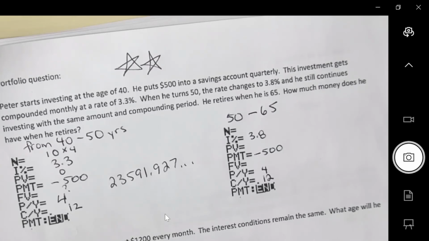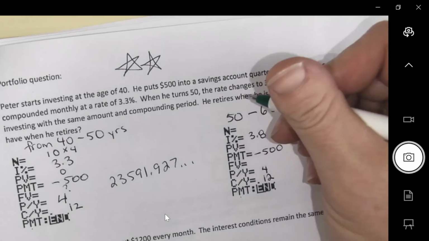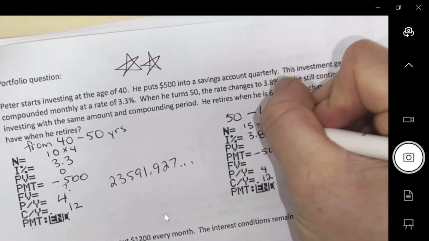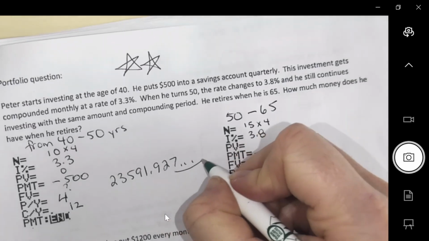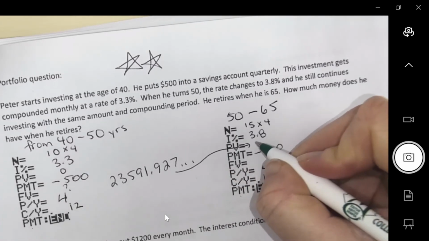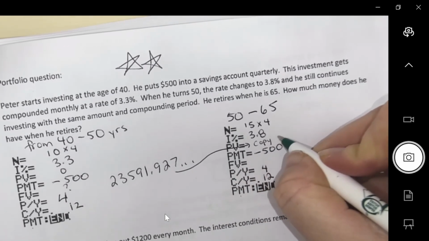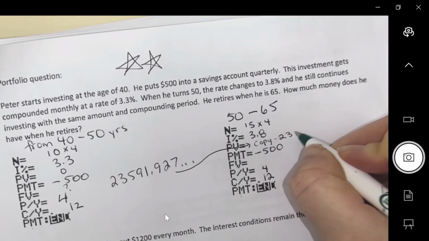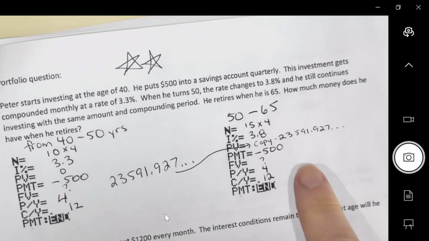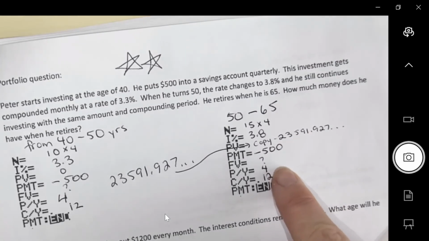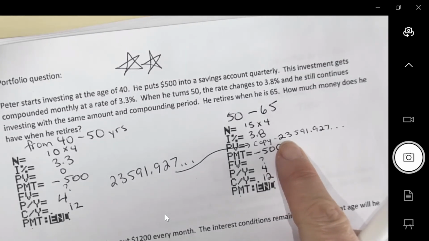Now this chunk of time is 15 years times the 4 times a year. And this is something else I want to do: I want to copy and paste that into there because I'm carrying that forward.